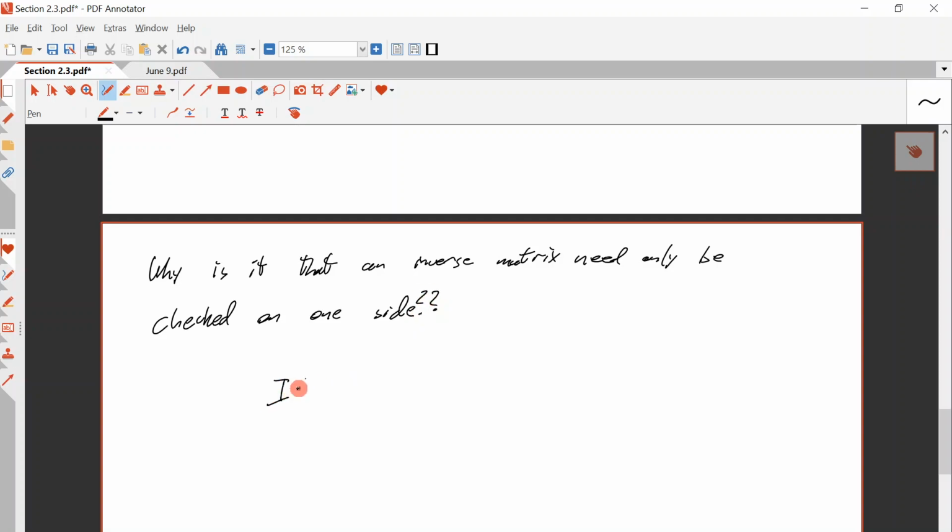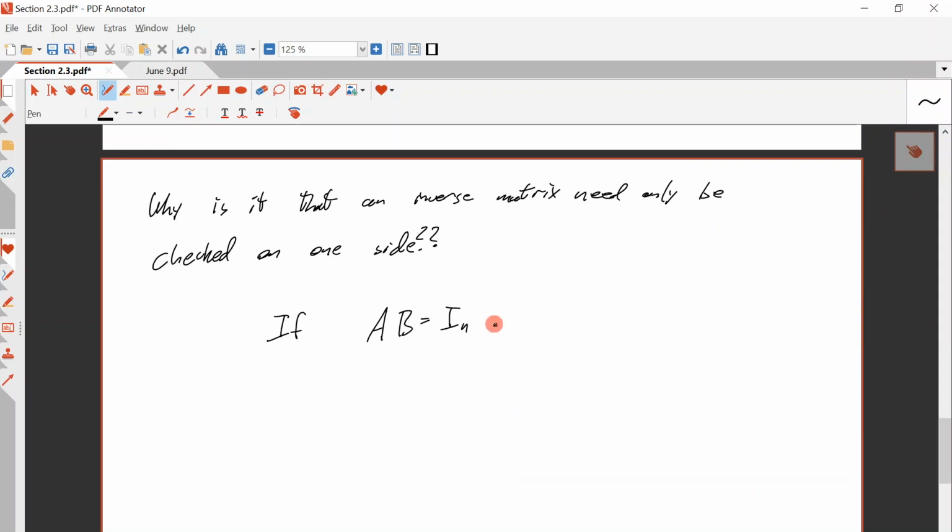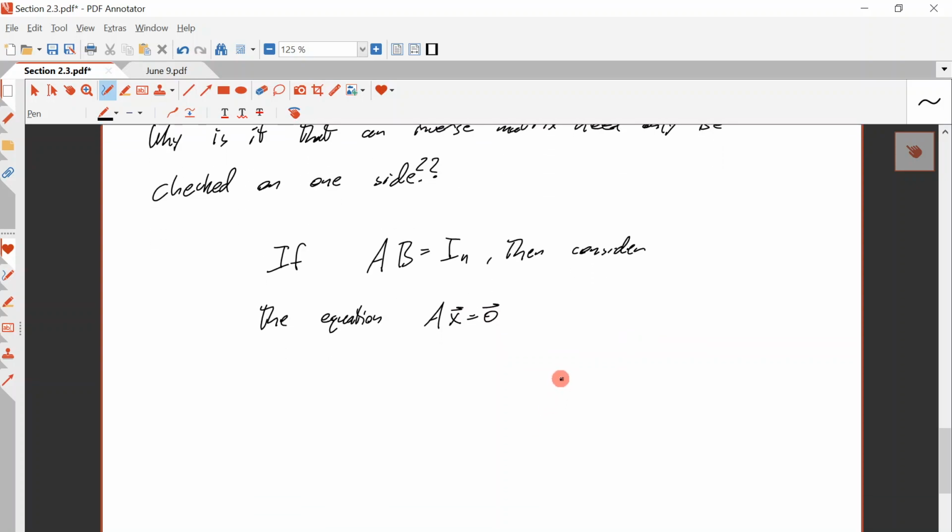Well, if B times A is equal to I_n, then consider the equation A times x equal to 0.